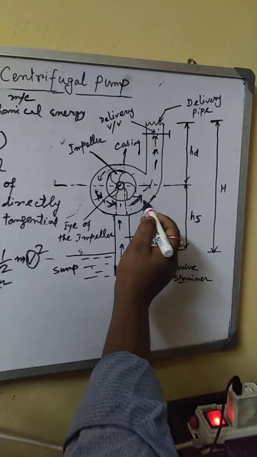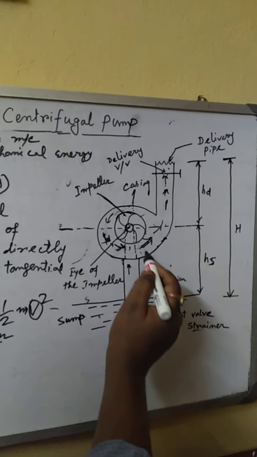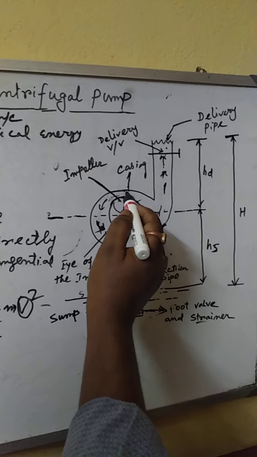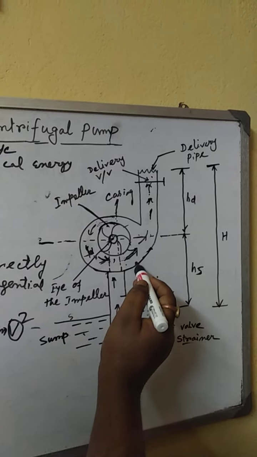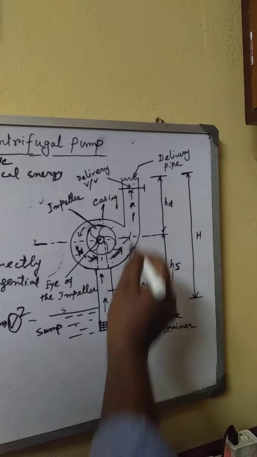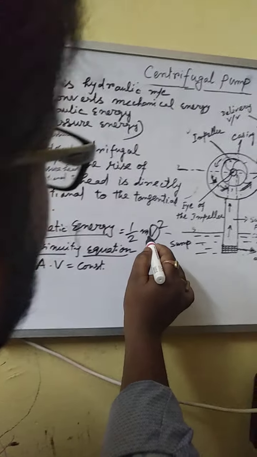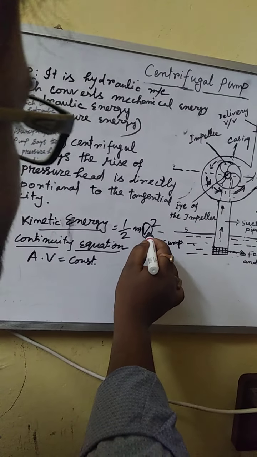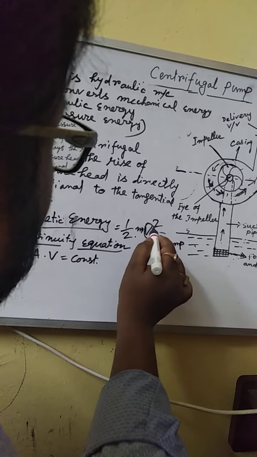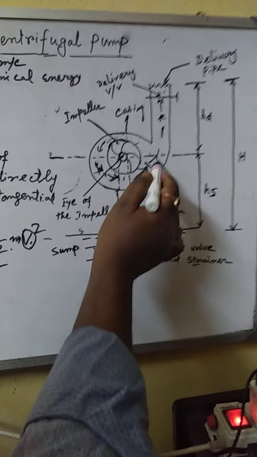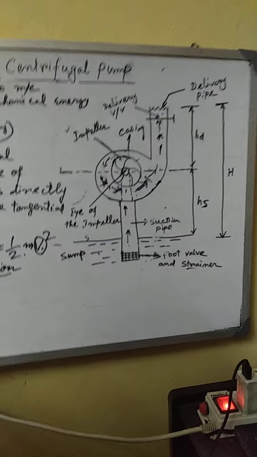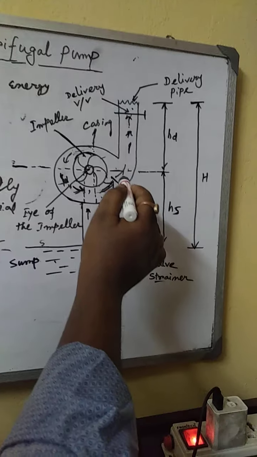When water passes to the larger area, the velocity decreases. When the velocity decreases, the kinetic energy also decreases, because kinetic energy equals half m v square. If velocity decreases, kinetic energy decreases; if velocity increases, kinetic energy increases.